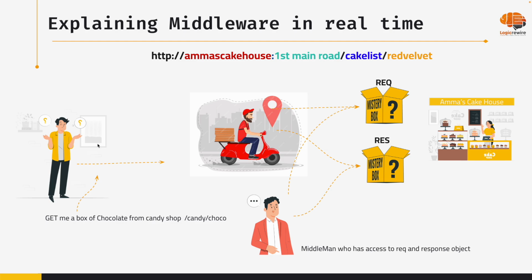So as I told, the person requests something. Same previous figure, but now the person requests something from this Zomato app, and it has request and response. The request and response objects come to the server, but in between this middle person will be there. He also has access to this request and response.